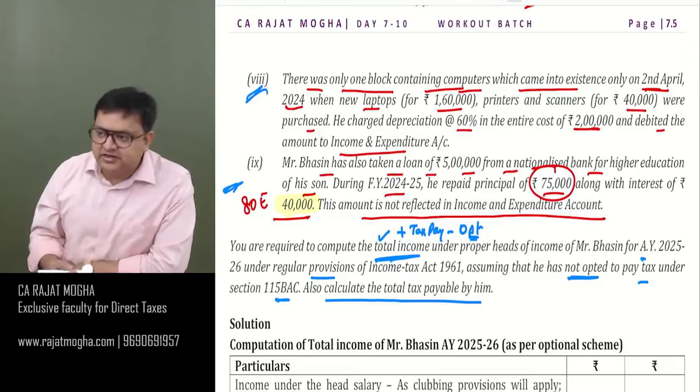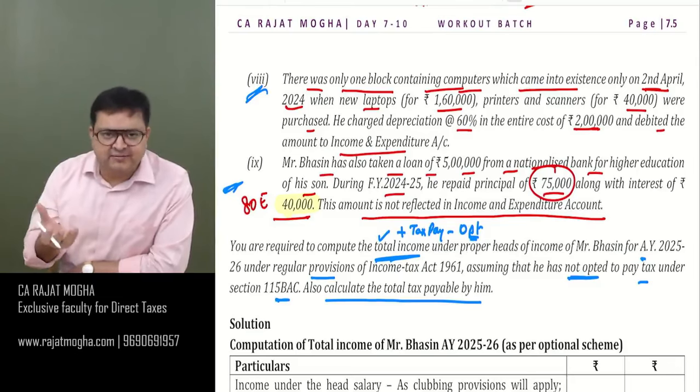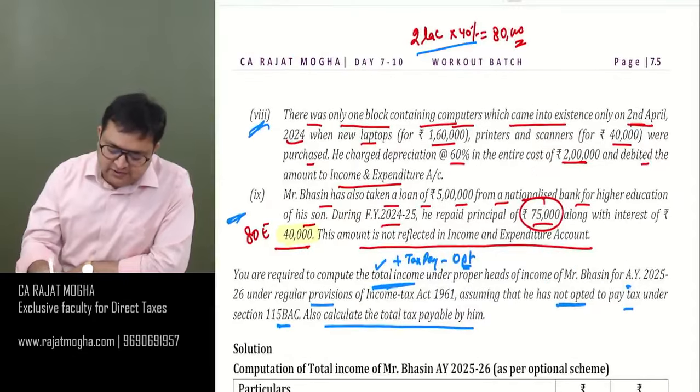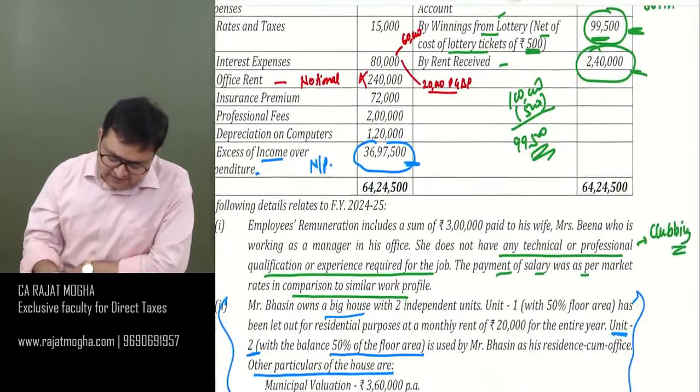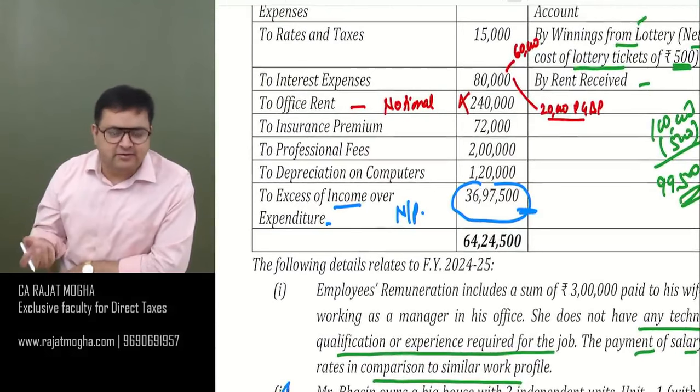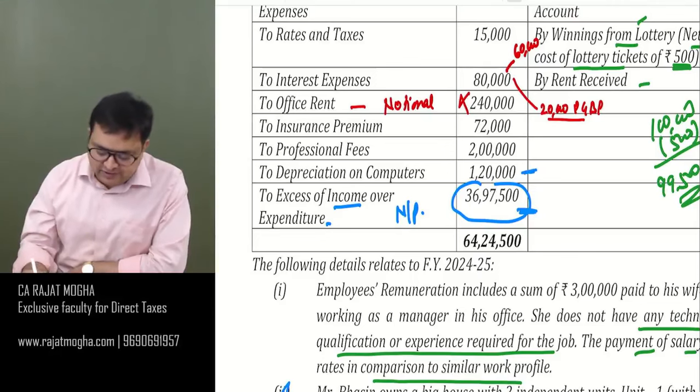Depreciation which was wrongly charged. So what we can do is we can add back the depreciation which is debited. And on 2 lakh, we will charge 40%. So how much they have debited? Either you can do it the net amount also, or you can first of all simply disallow this 120.